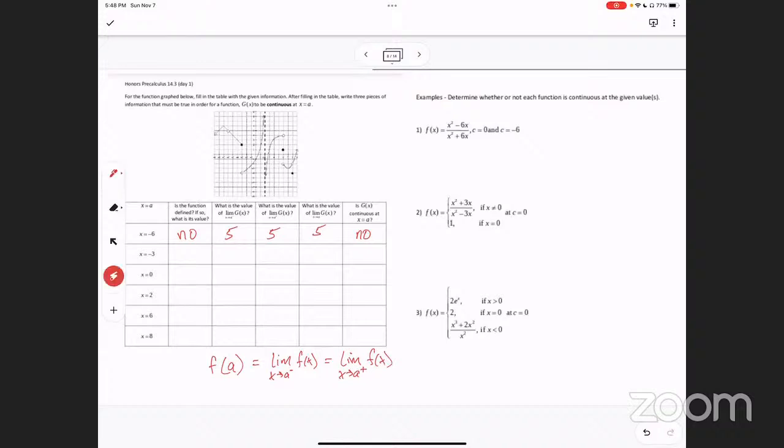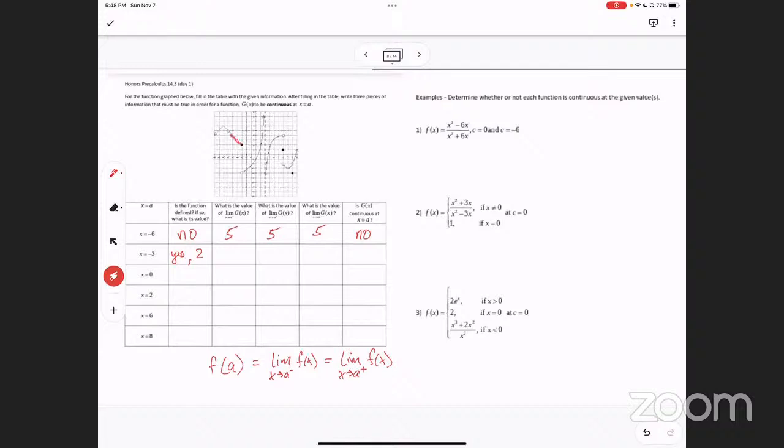Like I was talking about before. So at -3, is that this one right here? Is the function defined? Yes, it is. Because see how that's a solid dot there? I think that's a 2. Forgive me if I'm reading these wrong. What is the value of the limit as x approaches -3 of g of x from the left? So go along the line and go toward it.